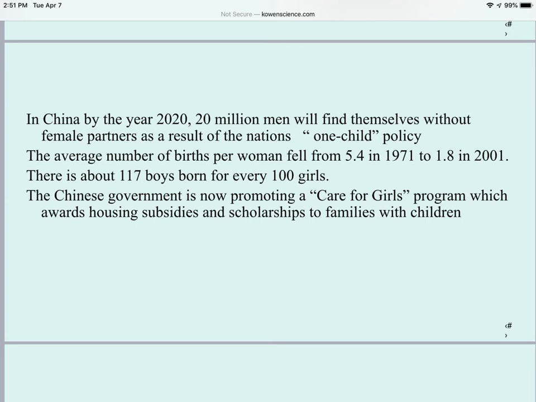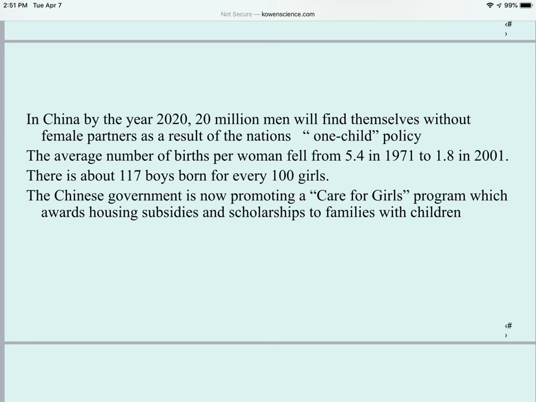If the first child was a female, they could have a second child, but it had to be a male. And individuals who adopt out of China can only adopt females. So the average number of births per woman fell from 5.4 in 1971 to 1.8 in 2001. There's been about 117 boys born per every 100 girls.